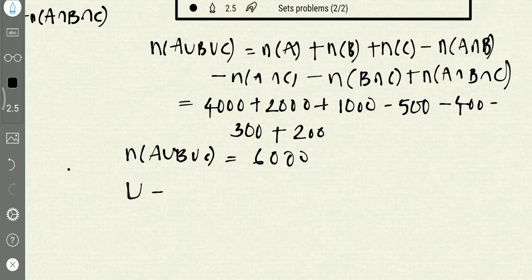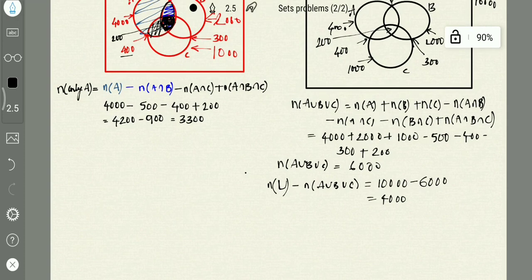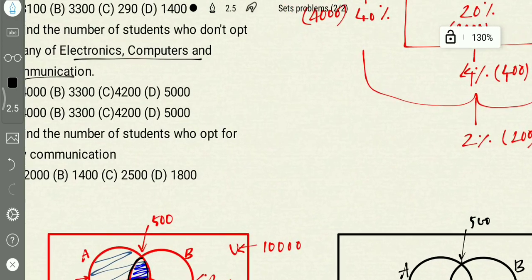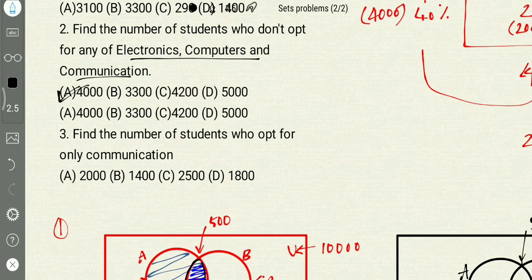It is n of U minus n of A union B union C. 10,000 students are there, minus 6,000 who opt for any of the branches. So there are 4,000 students who don't opt for any of the branches. The answer is 4,000.